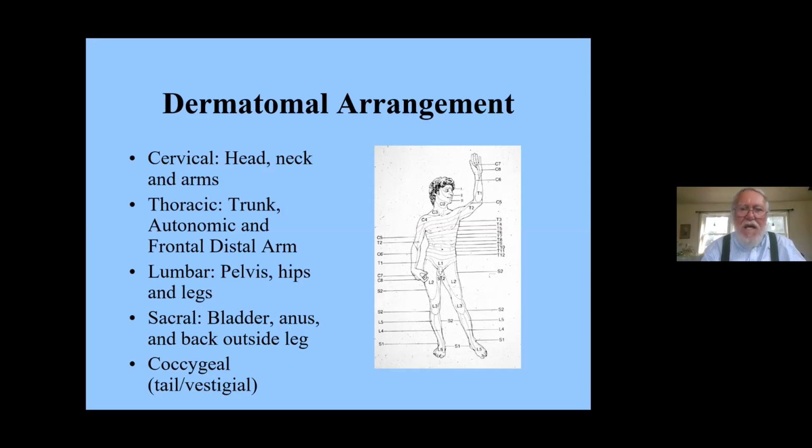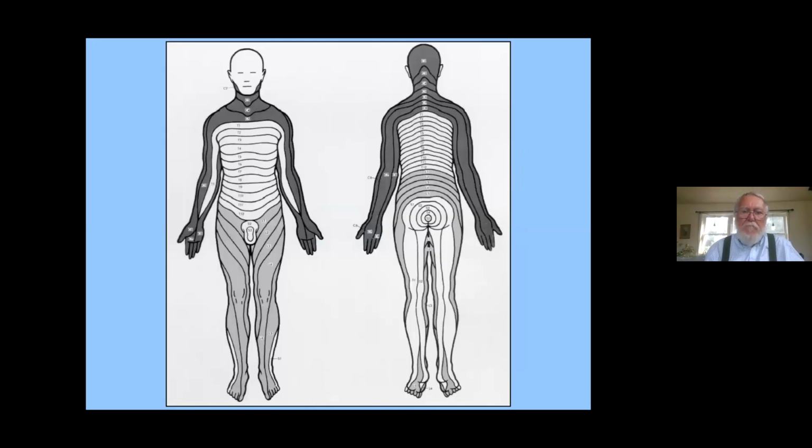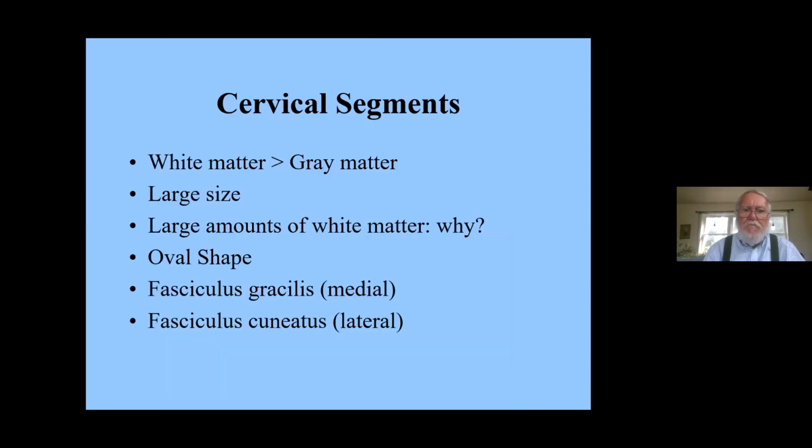Okay, so there's a dermatomal arrangement, and you can see this dermatomal arrangement both on the posterior and anterior surfaces of the body. So now let's start to look at these segments.